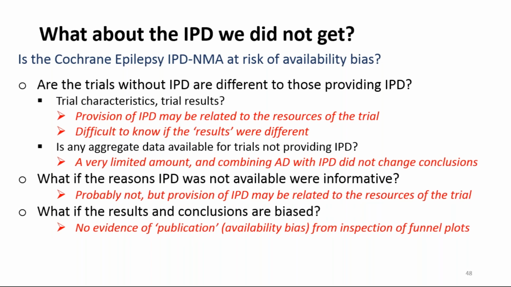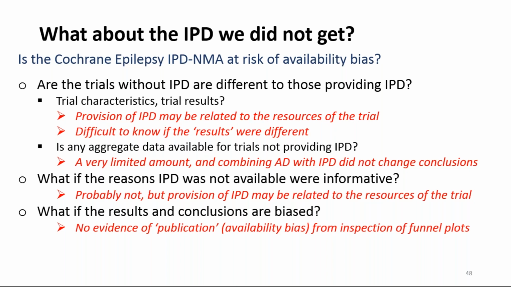And again, relating to the reasons, are they informative or not? Probably not. We don't think that data not being able to be anonymized or ethics forms not allowing data sharing to be particularly informative. But again, there does seem to be some indication here that the provision of IPD may be related to the trial.